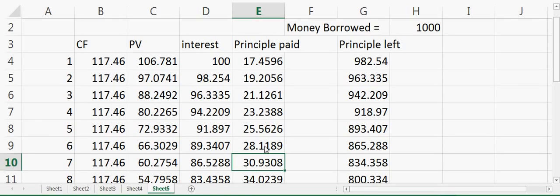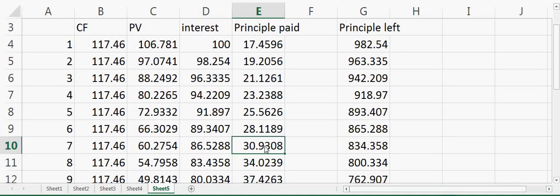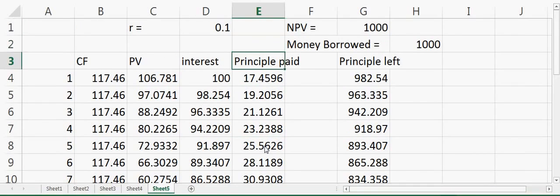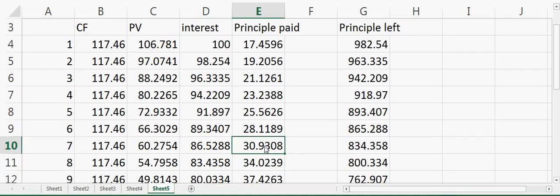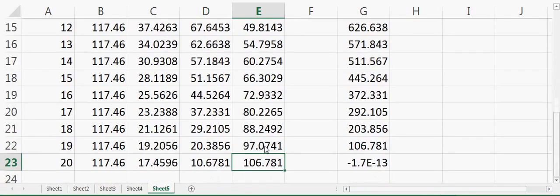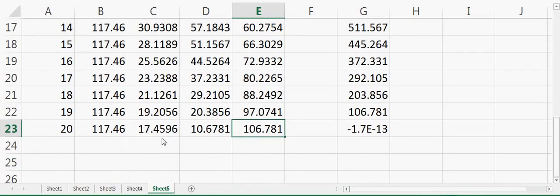At the end of 20 years he will be paying $10 as the interest and 106 as the principal. The interest amount is very low and it will leave him with a zero balance. Here it is giving 1.7 times 10 to the minus 13, which is 0, but because it's Excel it calculates to a very long decimal point, so it should be 0.